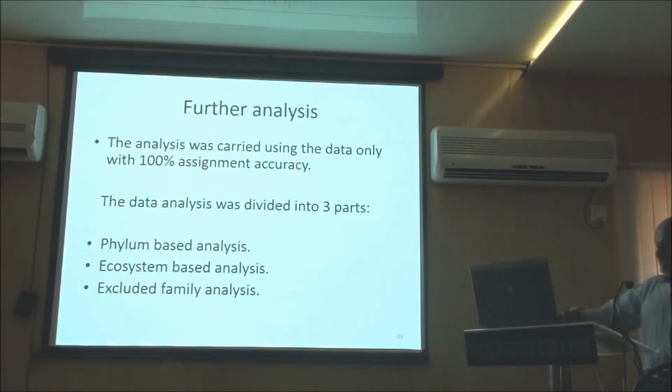See, again you should understand that we are working with a known database. The database that was generated was known. So in this known database, some sequences were always excluded, though those could not be assigned to any taxonomic rank in this study. So we also tried to look at which groups could not be assigned properly to any taxonomic rank in this study. So we also looked at these taxa.